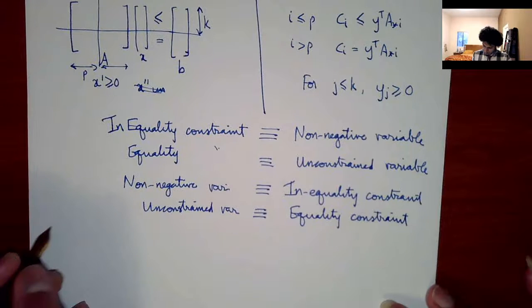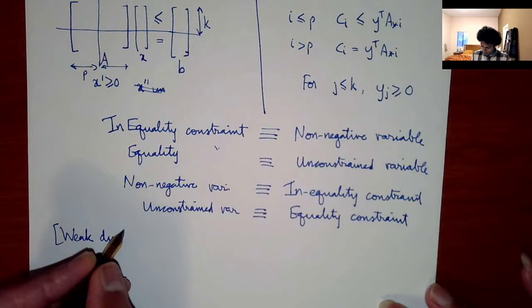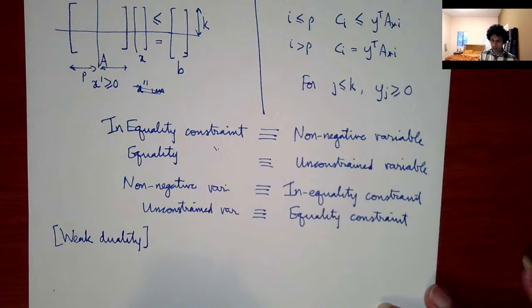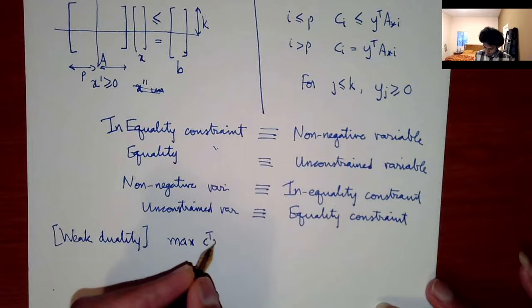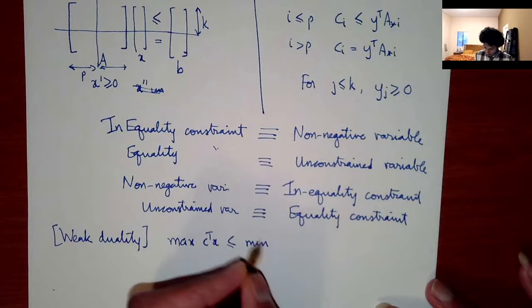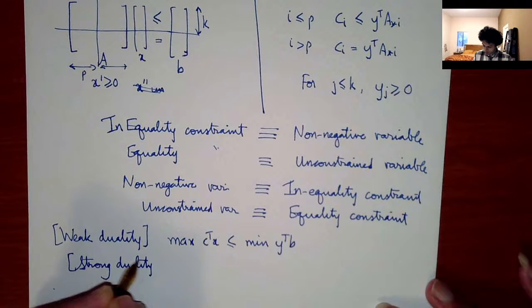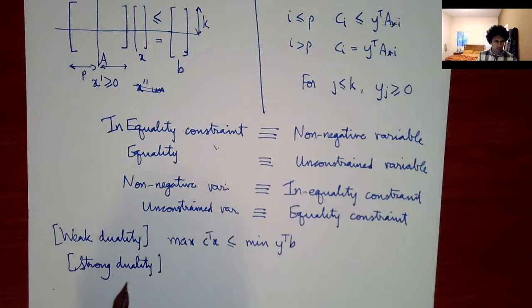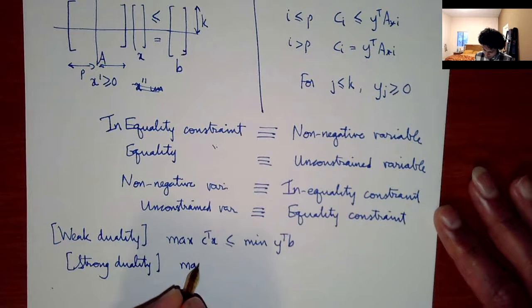And just to write this out in gory detail, weak duality just says that the max of c transpose x is at most the min of y transpose b, and strong duality. So weak duality is easy to prove, and I just proved it. Strong duality requires more effort, it requires using the Farkas lemma, but actually it turns out that remarkably these are equal.